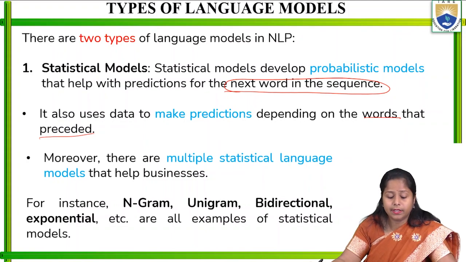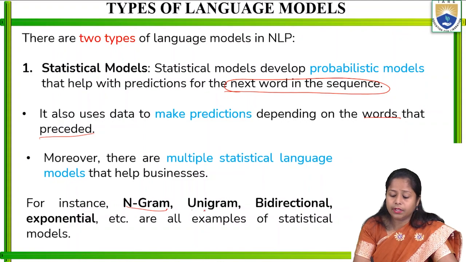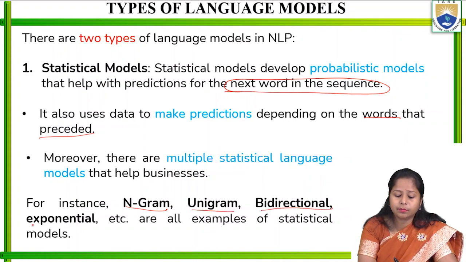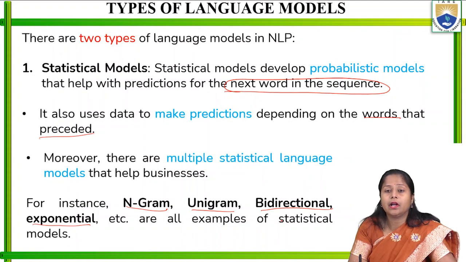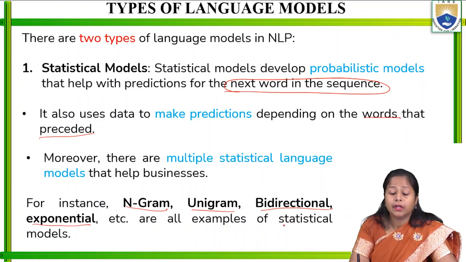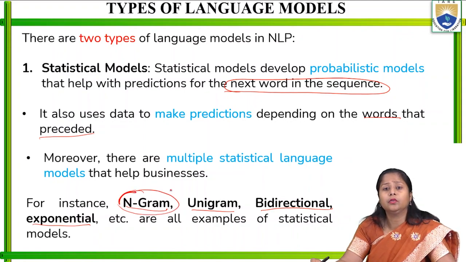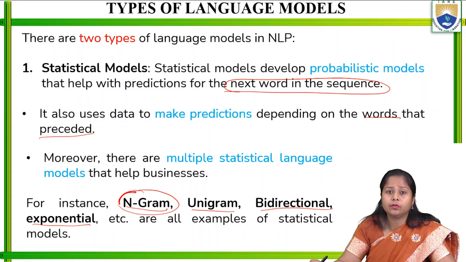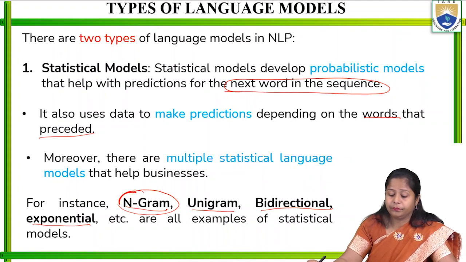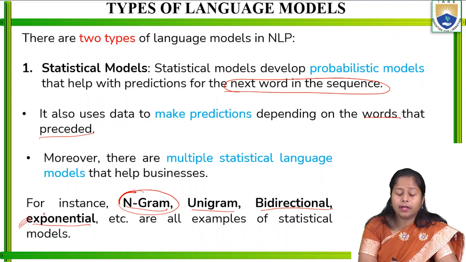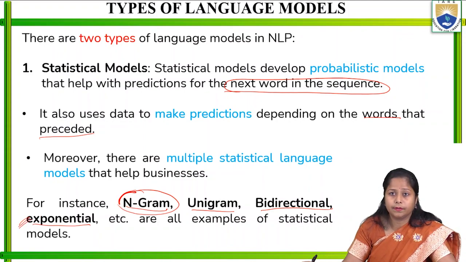Some of them are the n-gram model, unigram model, bidirectional model, exponential models, etc. These are all examples of statistical models. The n-gram model gives one-word tokens, two-word tokens, three-word tokens, so the number of tokens is given in the form of pure stats. That n-gram is applied on the sentences as a language model. Likewise, other types of models are specific to their use.